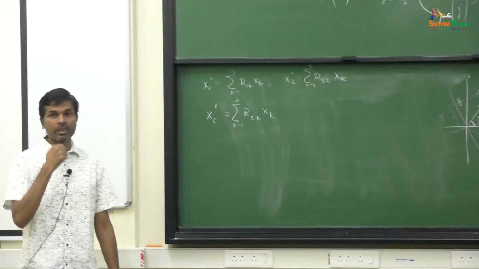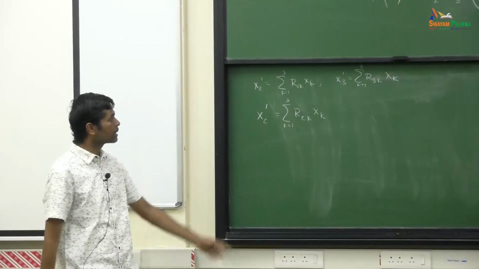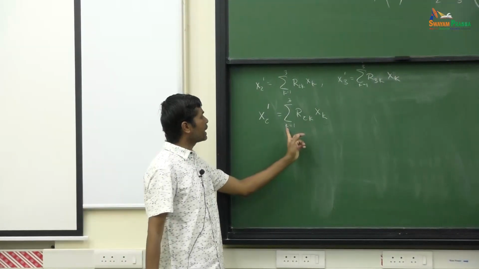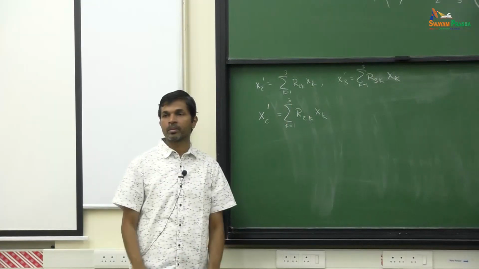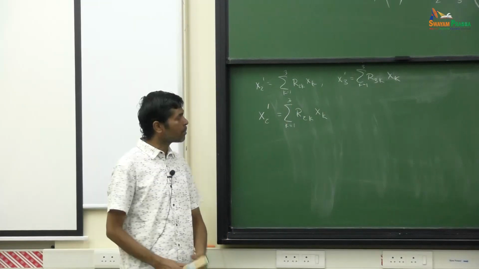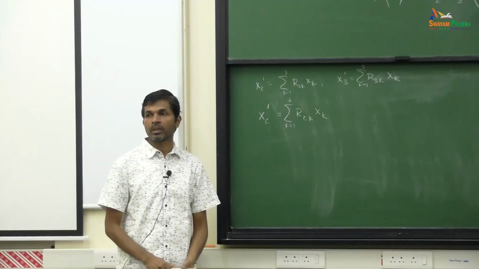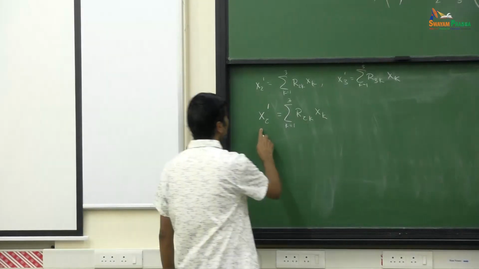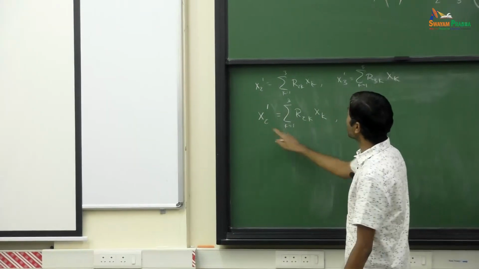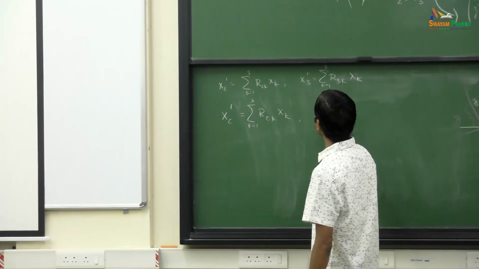In this notation, what is important here is that this index k is summed over from 1 to 3, whereas this index i is not summed. Okay? So therefore, this actually represents 3 equations. The value i takes 1, 2 and 3.